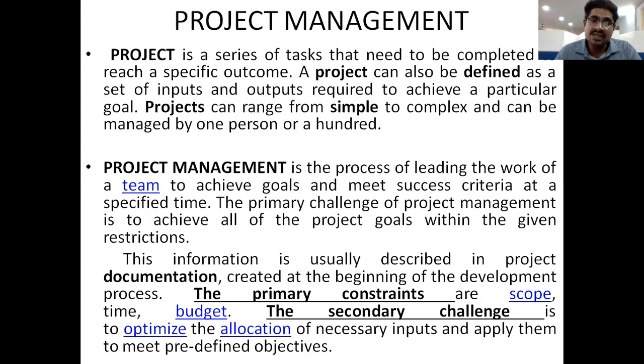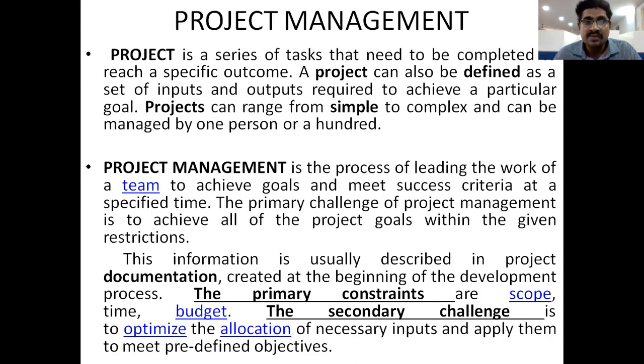So a project is a set of pre-decided activities to reach our specified outcomes, and also plan for inputs and outputs, right? These projects may be simple or low cost capital projects, or very large, complex contracts based upon the company's capacity.